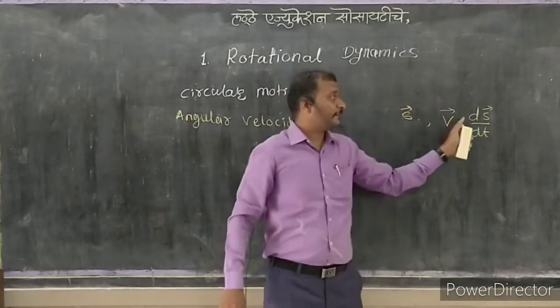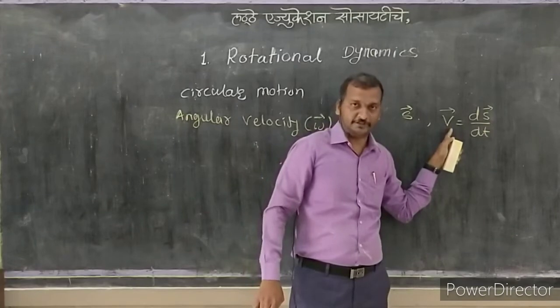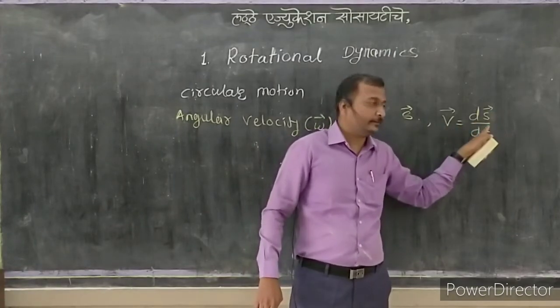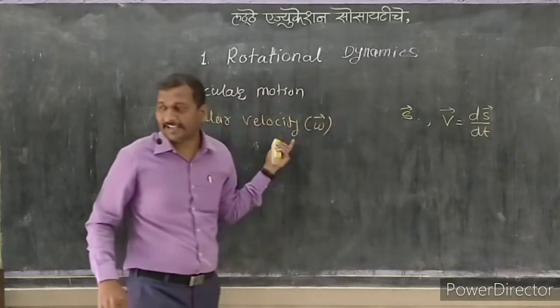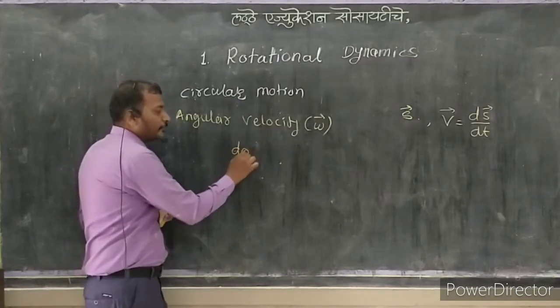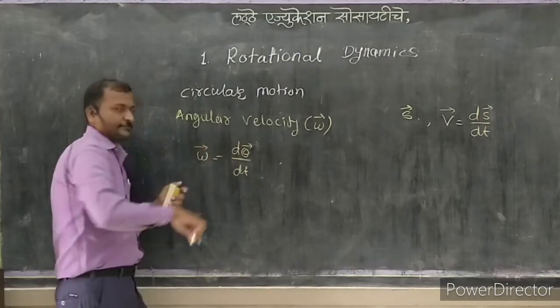Means the rate of change of displacement with respect to time is the velocity. Now we say the rate of change of linear displacement with respect to time is the linear velocity. In a similar case, the rate of change of angular displacement with respect to time is angular velocity.